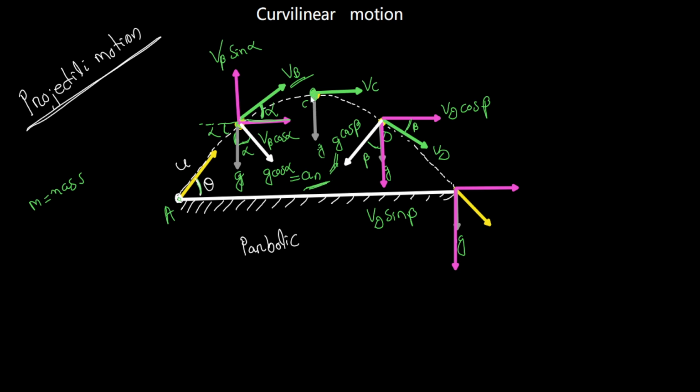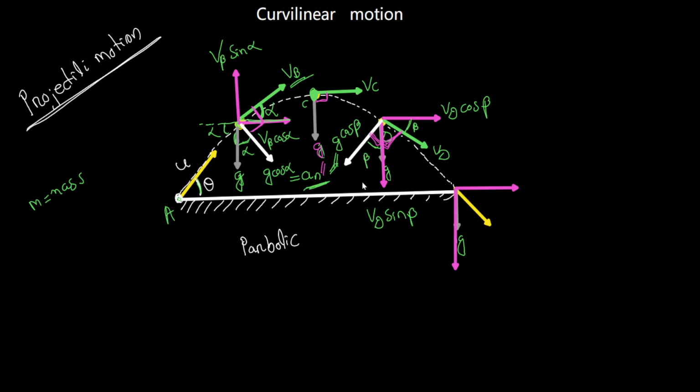At this stage, whenever the object is at point C, g will be the normal acceleration, which is perpendicular to the velocity vector. All the normal accelerations are perpendicular to the velocity vector. Getting my point?